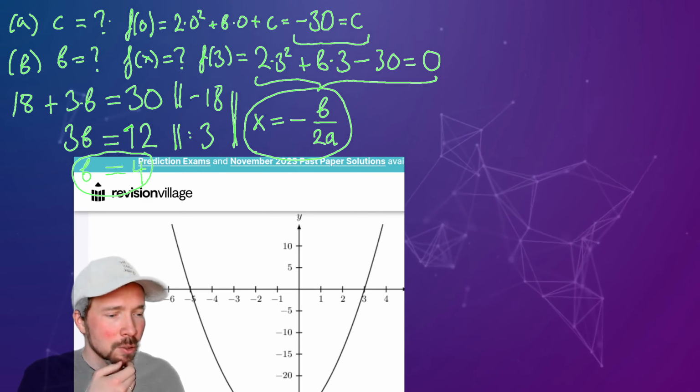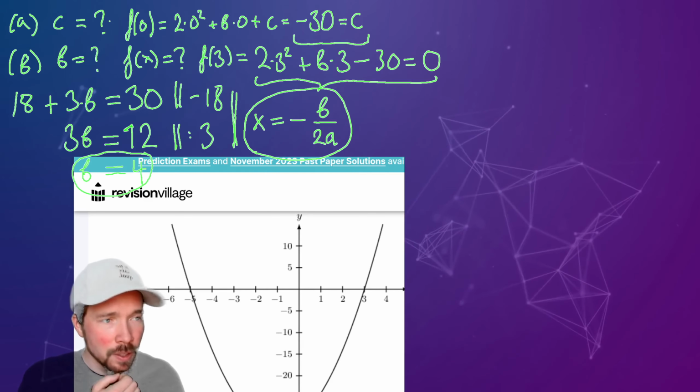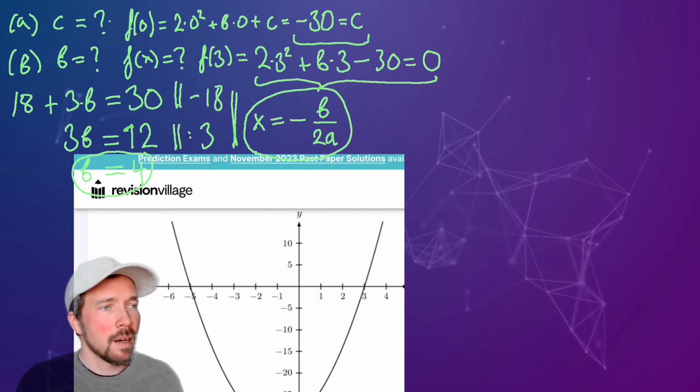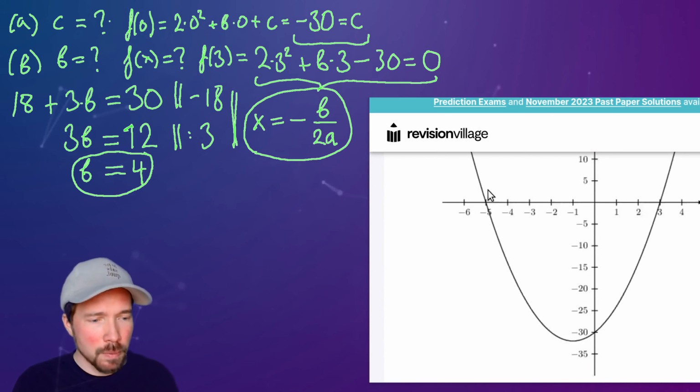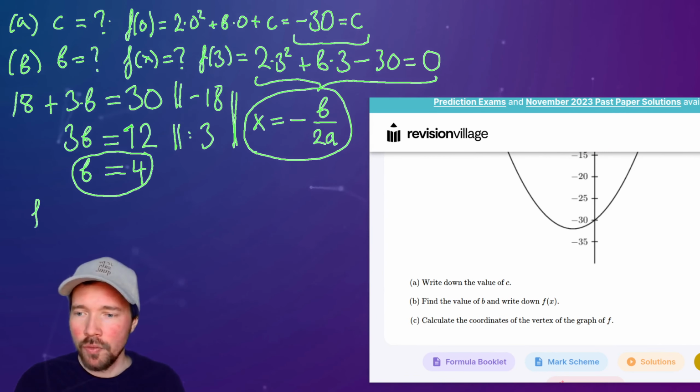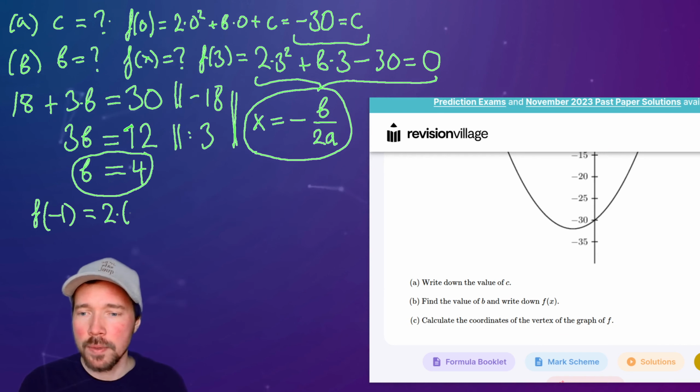So these are the two ways in which you get the x coordinate. Once we have the x coordinate, we get the y coordinate by plugging x into the function, because we were asked to calculate both coordinates. So f of -1 is going to be 2 times -1 squared.